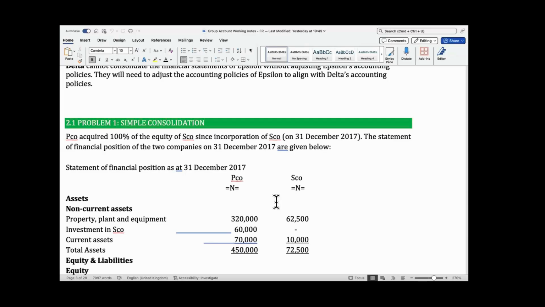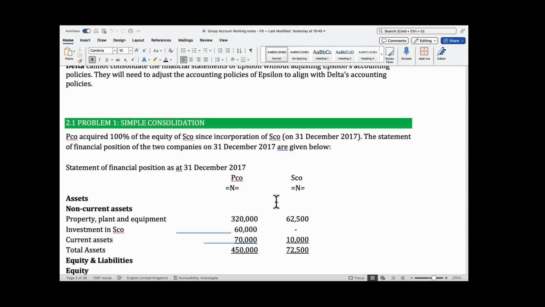That is all we are going to do. Basically, the only transactions we have been cancelling out all along are between the investment in the books of the parent and the equity acquired, which is represented by the net asset acquired in the books of the subsidiary. We cancel that out.